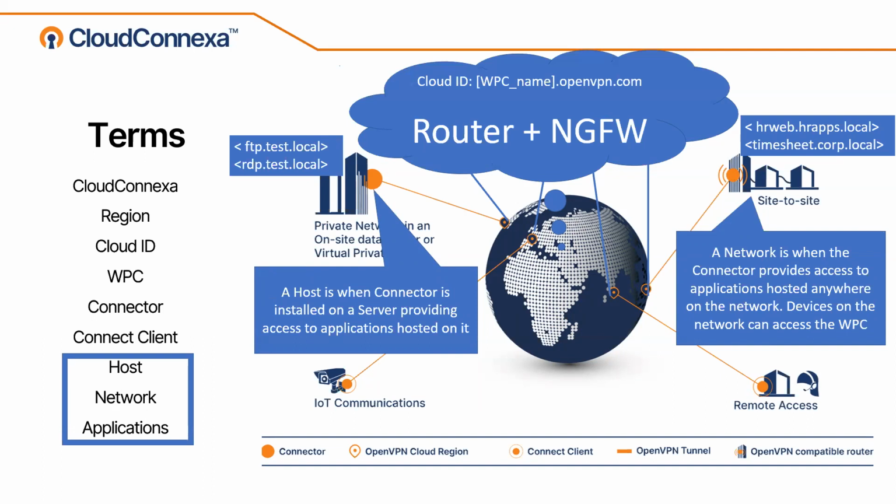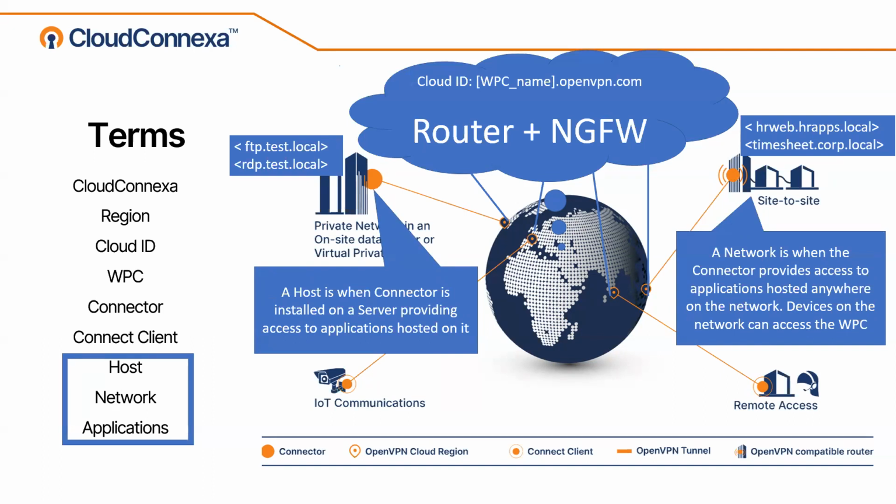For example, this host is making two services accessible to the WPC. One is FTP, which is named ftp.test.local, and the other one is RDP, which is configured as an application within CloudConnexa. And these applications can be further guarded by providing access to only specific protocols and ports, and can later be used in access control.